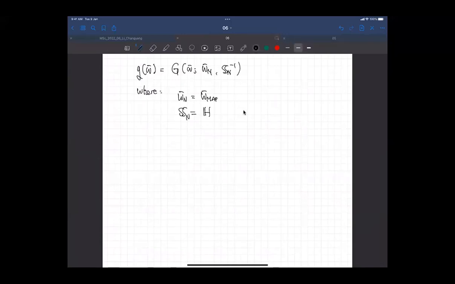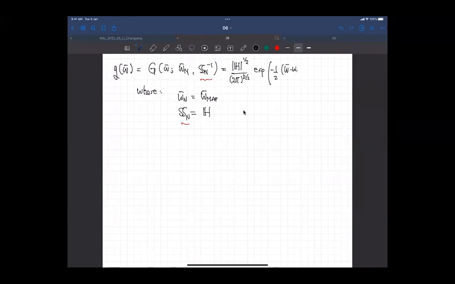So this one is S inverse. If that is S inverse, that's S_N. So S_N is equal to H. In other words, if you expand it, then your approximate Gaussian is determinant of H to the power of half, over 2 pi to the power of D over 2, times the exponential function of minus 1 over 2 times W minus W_MAP transpose H times W minus W_MAP.